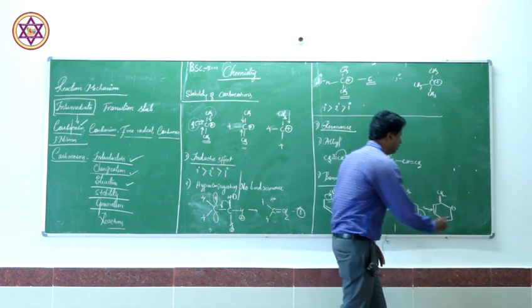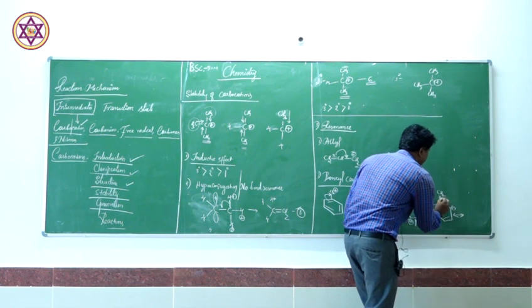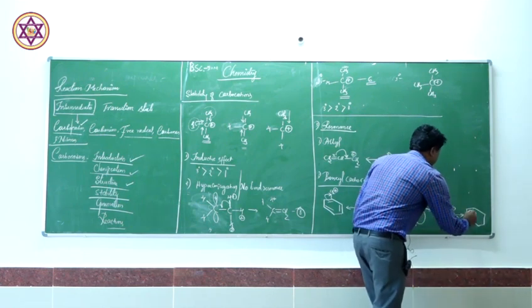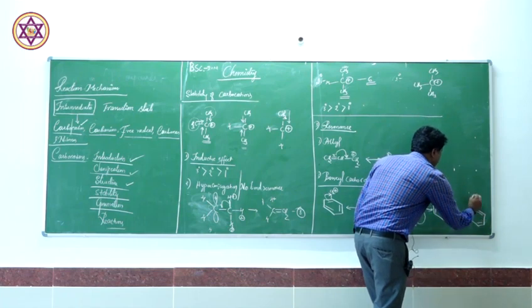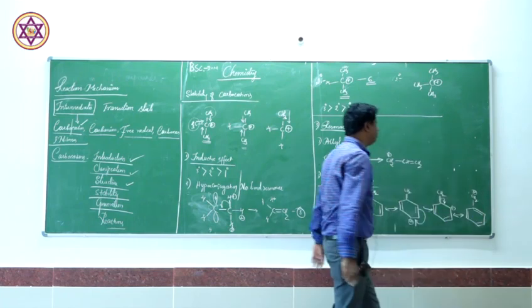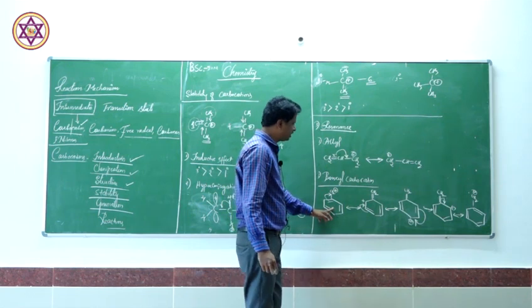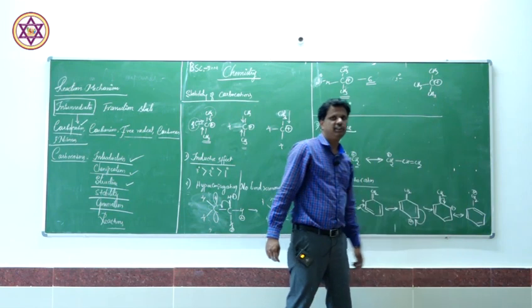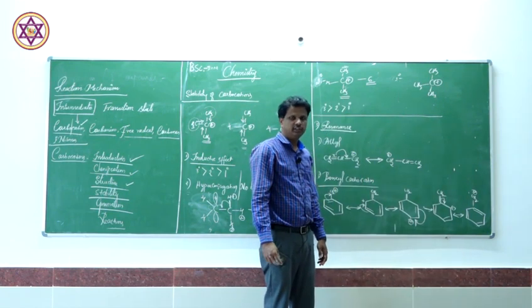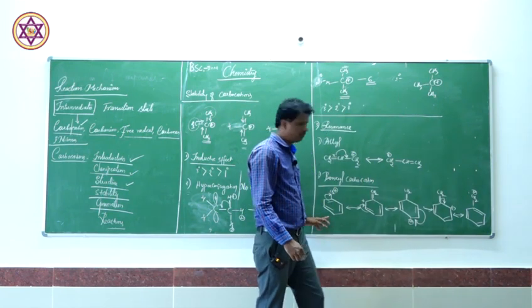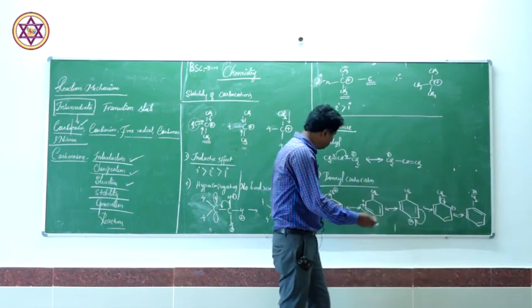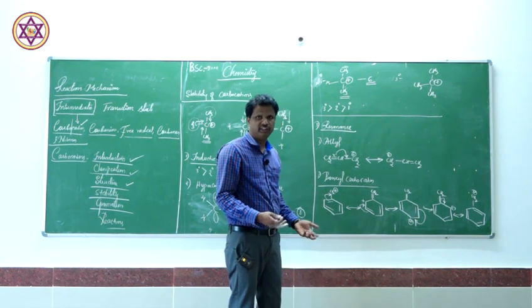Okay, finally, this pi bond comes here and you'll get this compound. Now if you carefully observe the first structure and the last structure, you can clearly see the difference. Okay, see from the first structure to the last structure, what has happened? You can see the pi bond location has changed.